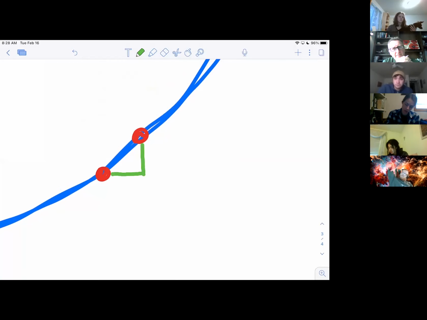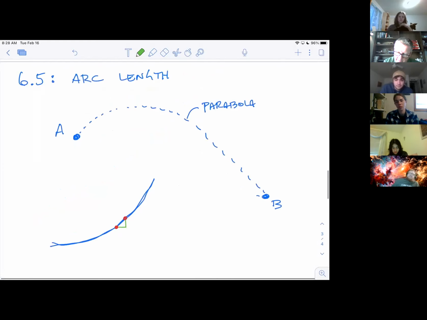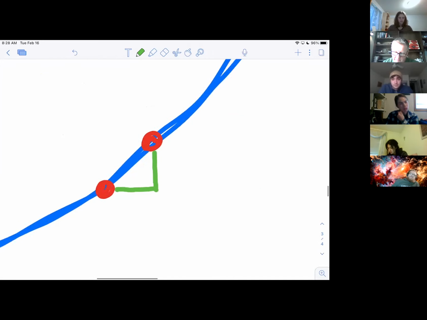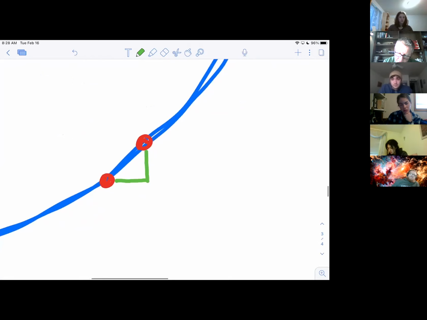Now, again, for this to work, those two points have to be really close, right? It's not fair to say that thing is straight if those two points are very far apart. If I go back to my picture over here and I say, how far is it from here to here? And you make a right triangle out of that, that's not a right triangle, right? That curve is showing up. So these two points have to be really close. Well, if they're really close, then isn't this, in the language of calculus, a little bit of x, and isn't this a little bit of y?